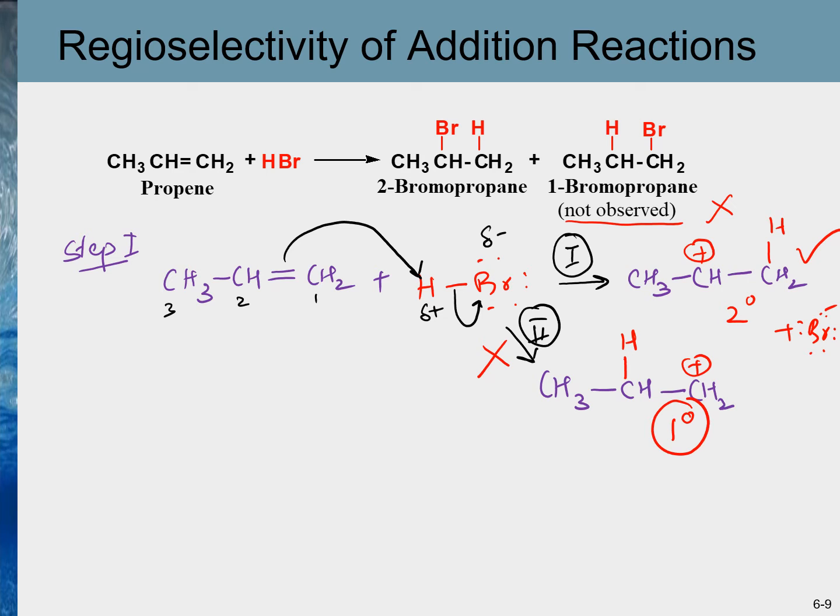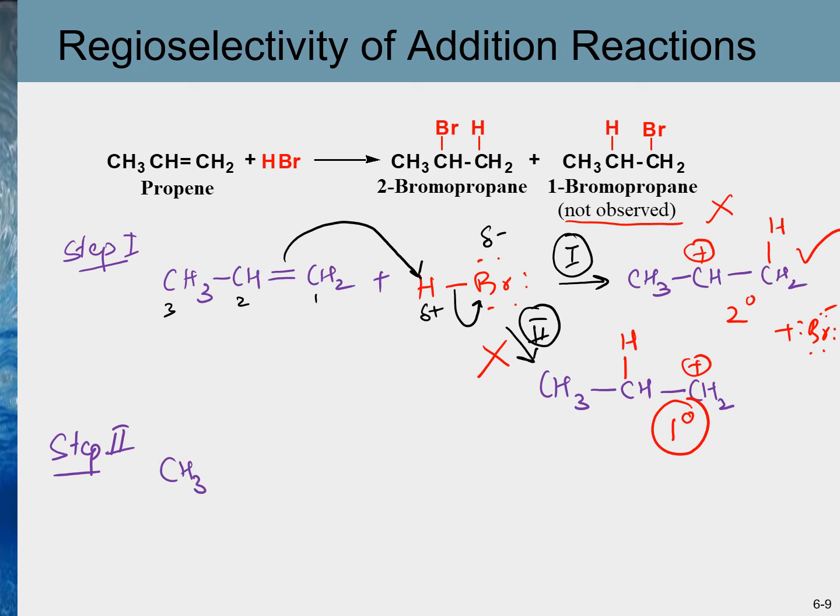So secondary carbocation is such that the hydrogen goes to carbon number 1. So step 2 is just a fast step. In this step 2, carbocation is already formed. We already have the next nucleophile, which is our bromide ion.